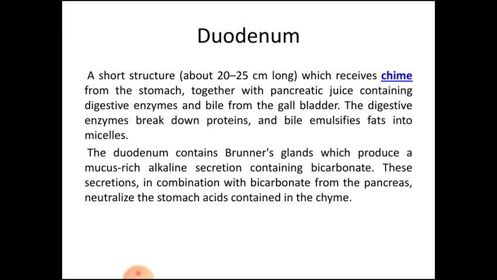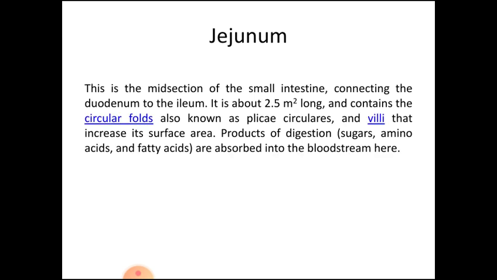So in the duodenum, the pH is converted to alkaline due to the bicarbonate secreted by the small intestine and the glands, which convert the acidity to an alkaline medium and neutralize the stomach acid in the chyme.